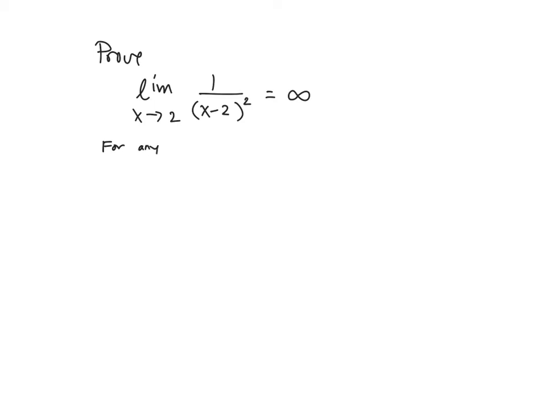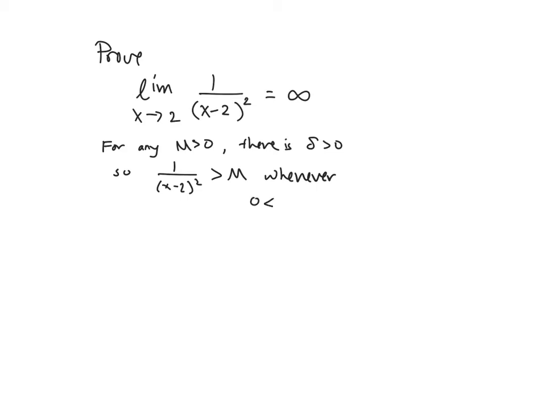This definition said for any M greater than 0, there is delta greater than 0 so that my actual function, 1 over (x minus 2) squared, is greater than capital M whenever 0 is less than |x minus 2| is less than delta.